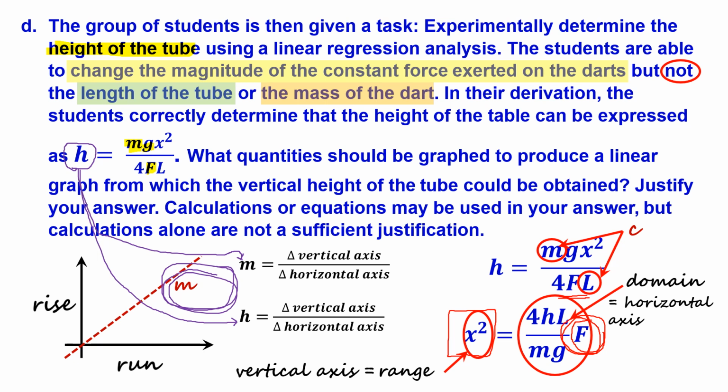You cannot change the length of the tube, you cannot change the mass, but you can change the force. So this is our domain, which is your horizontal axis, also known as your x-axis.